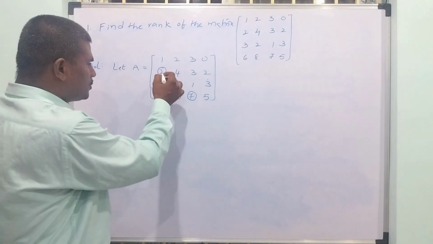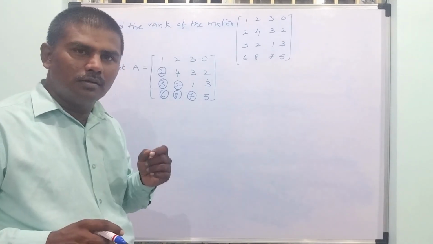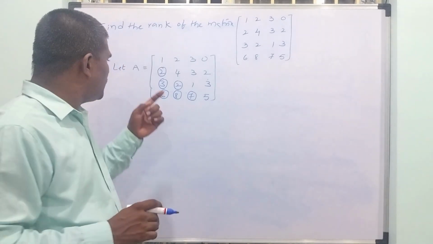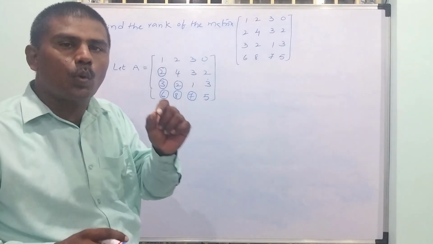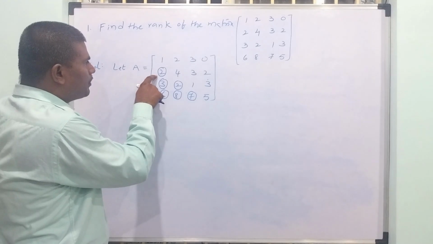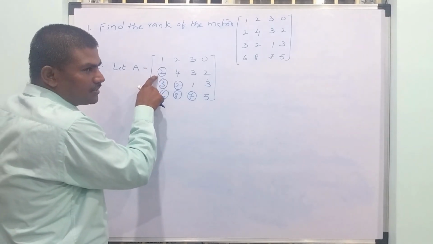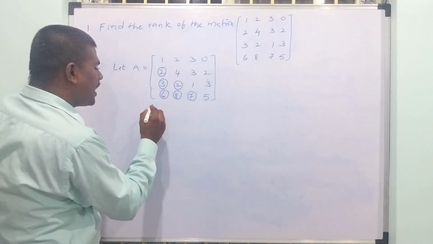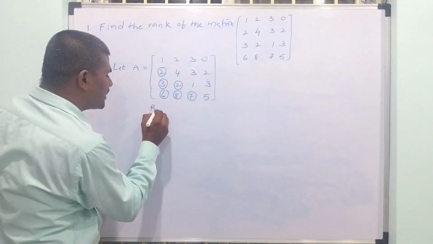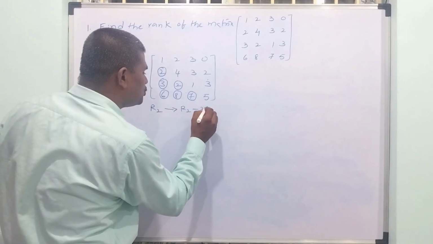Let us make these three elements 0 by using elementary row operations. How can we make these three elements 0 by using row operations? Here 2 is there, and you can multiply the first row by 2 and subtract from this row. So I am writing the elementary row operation as R2 tends to R2 minus 2R1.